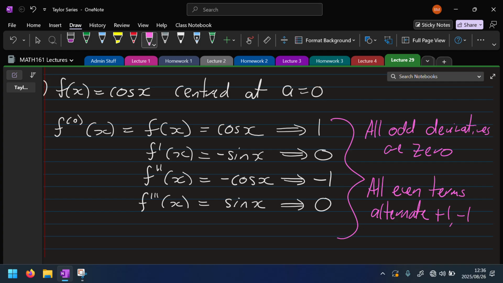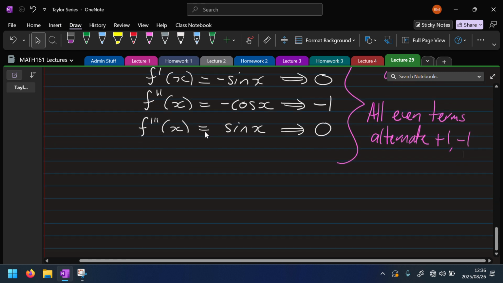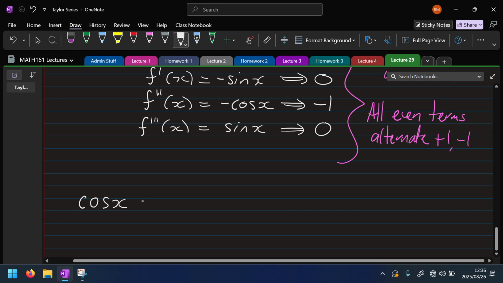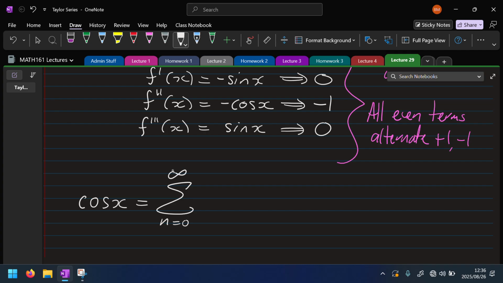Okay, so let's write out the Taylor series. We're going to have cos x is equal to the sum, n goes from 0 to infinity. Again, it's alternating, so it will be minus 1 to the n. Now for the bottom, we are only interested in the even terms.